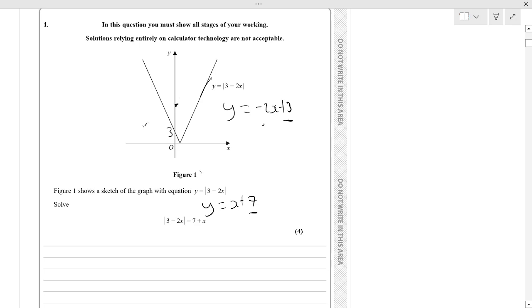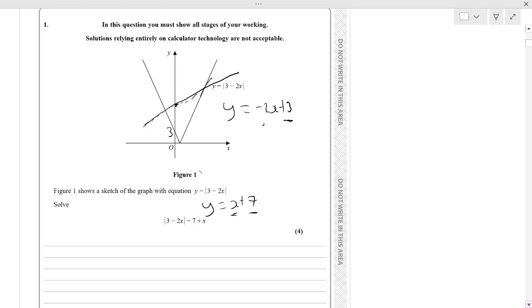So it's going to look like this. And because the gradient is more shallow, it's going to be less steep than 3 minus 2x, which is how you can visualize and plot the line. Okay, so that's the strategy.